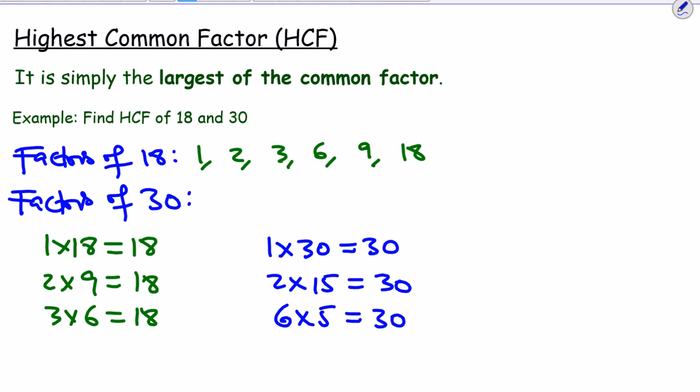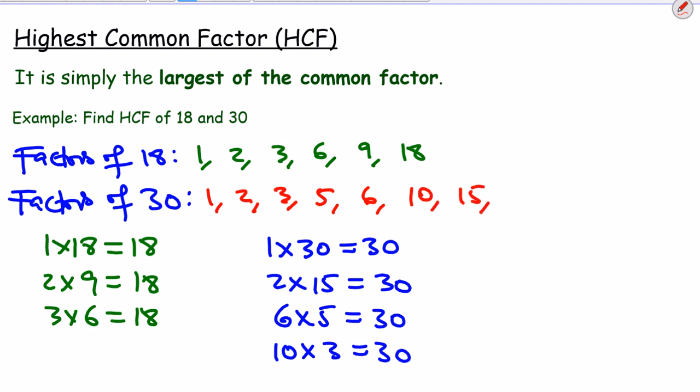And 10 multiplied by 3 is 30. So factors of 30 will be 1, 2, 3, 5, 6, 10, 15, and 30.